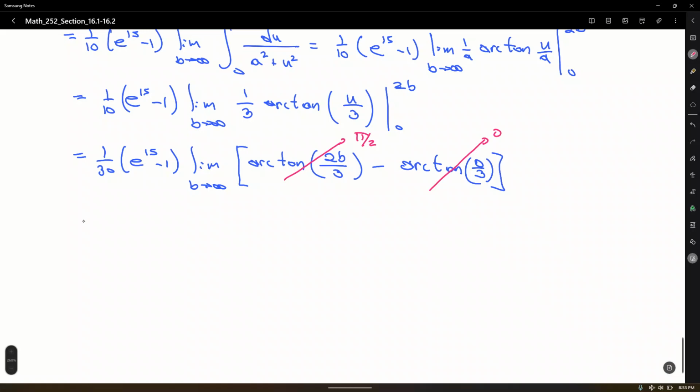That gives us, as a result, 1 over 30 e to the 15 minus 1 times pi over 2 minus 0, which is simply pi over 2. Multiply pi over 2 times 1 over 30, and that's going to give us 1 over 60 times e to the 15 minus 1. Don't forget pi. Let me multiply the pi right here. That's our final answer.